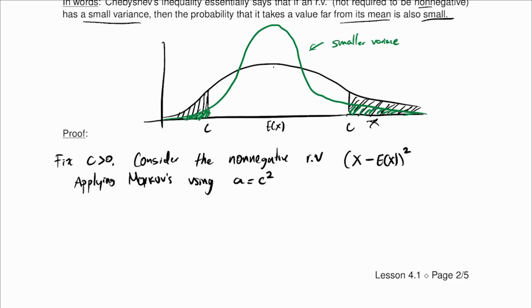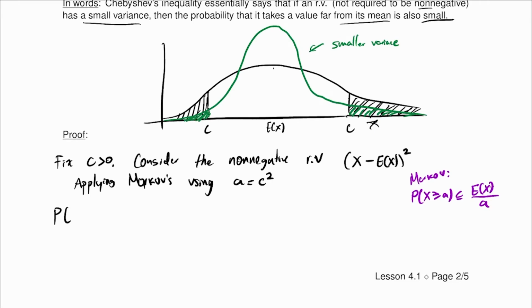Remember that the Markov inequality, I'm going to put it here, says that the probability that X is greater or equal than a is less or equal than the expected value of X over a. So in this case, if we apply that to the probability that (X minus the expected value of X) squared is greater or equal than c squared, here c squared is going to be the a, and the random variable is (X minus the expected value) squared.